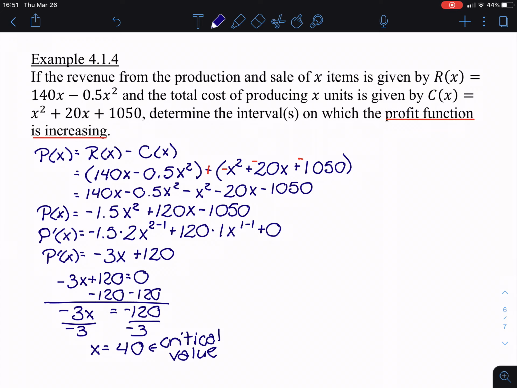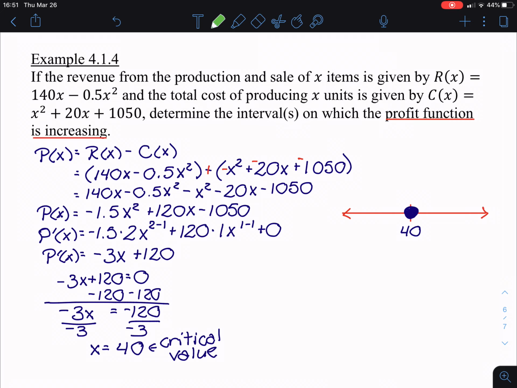All right. So with that in mind, I can go about making my sign chart. I've only got one critical value, it is 40, so I'm going to fill in that circle. Now I'm going to look at what values I'm going to choose. The thing to keep in mind is that in this example, X represents the number of items I'm selling.